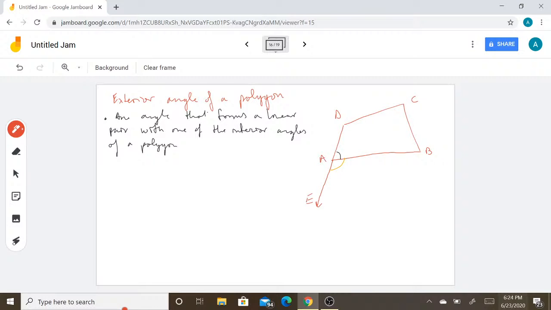So ray AE had to be drawn coming off of this interior angle to create this exterior angle.